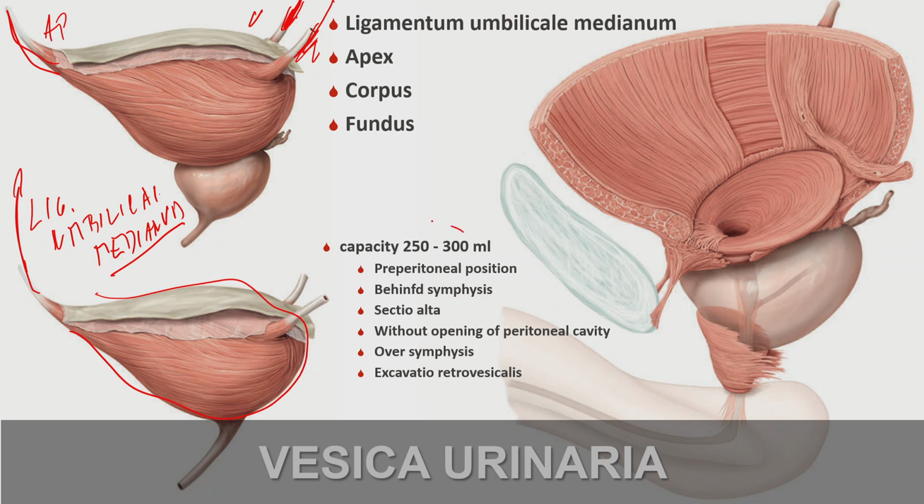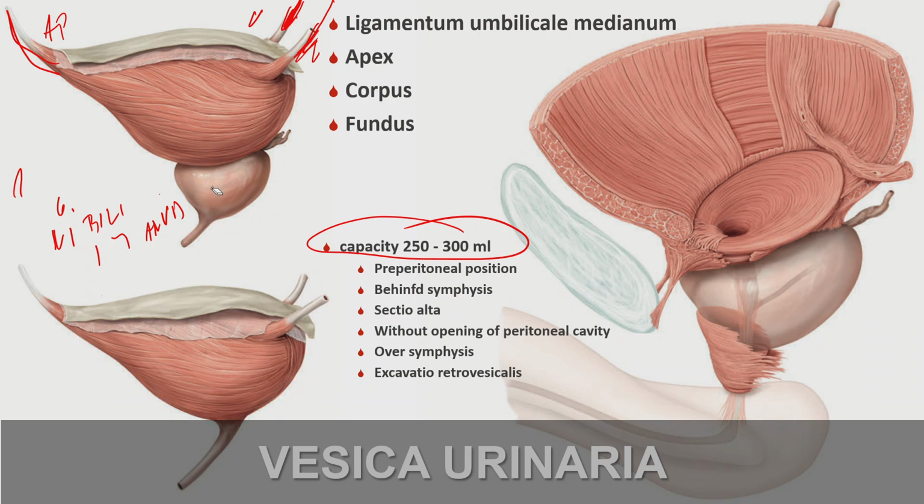The capacity of a urinary bladder is about 300 milliliters, and the capacity enlarges with dilation of the inner space, and the dilatation is mainly upwards.